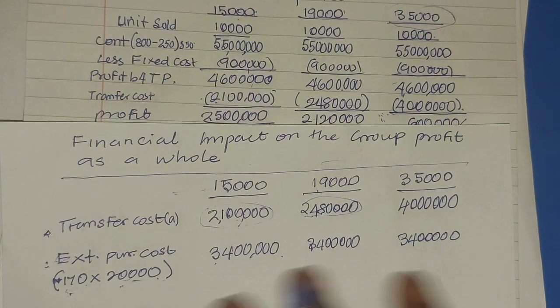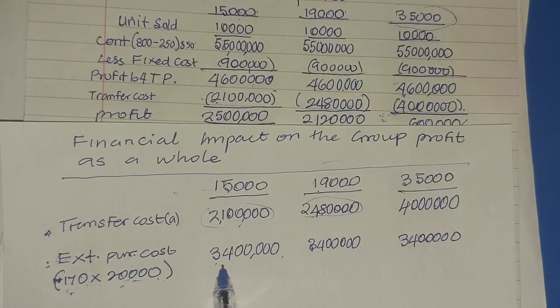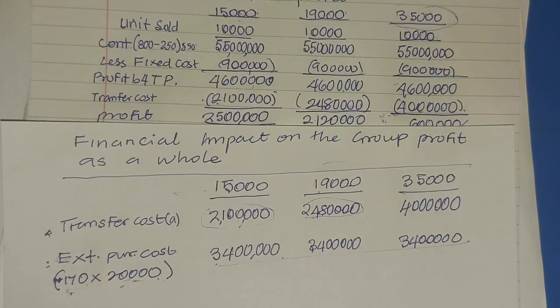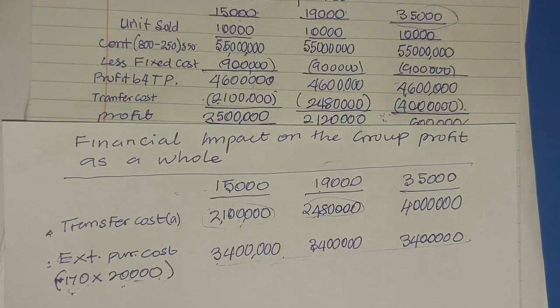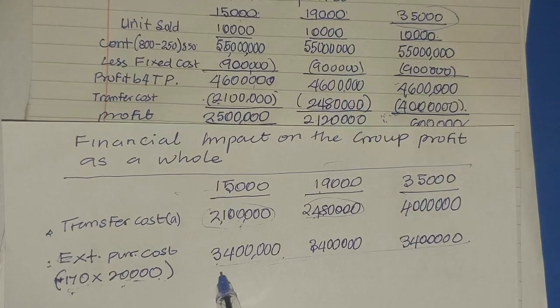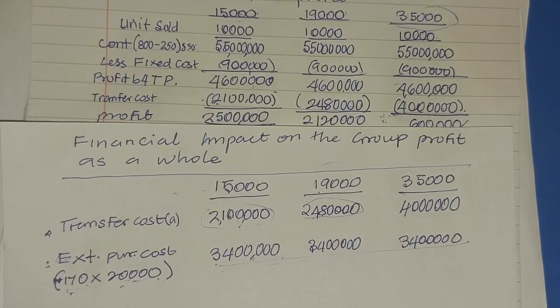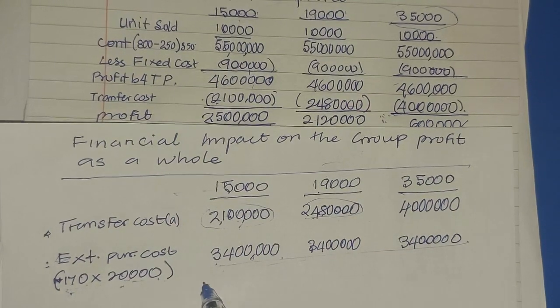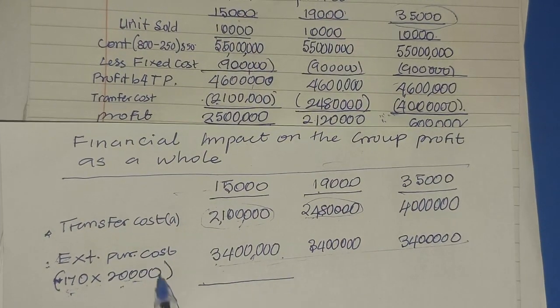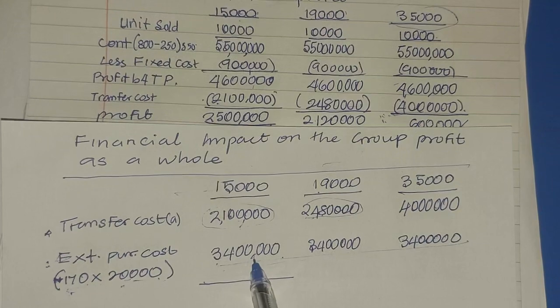Now, what is the impact when the company policy is ignored and the buying division goes outside to buy from the external supplier? The impact is this. It means the cost has increased.